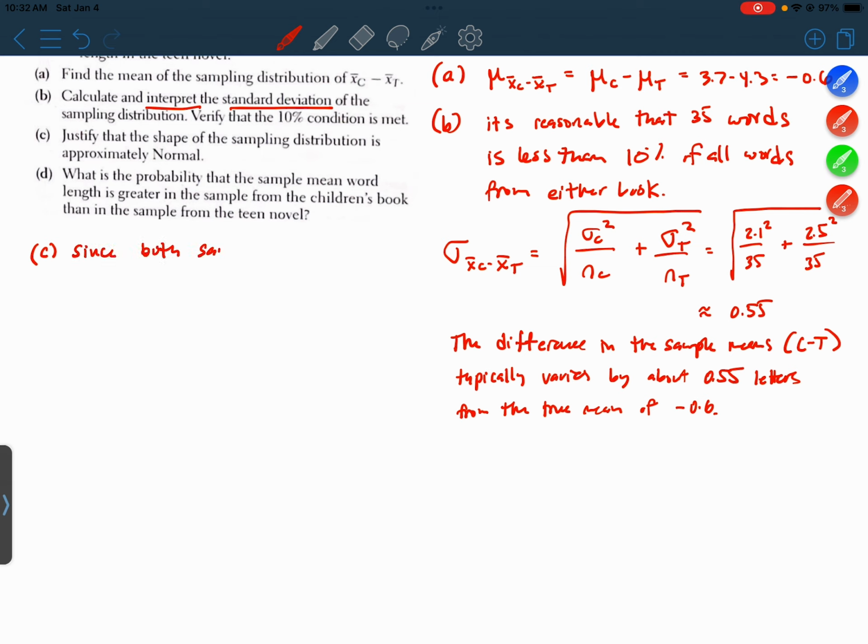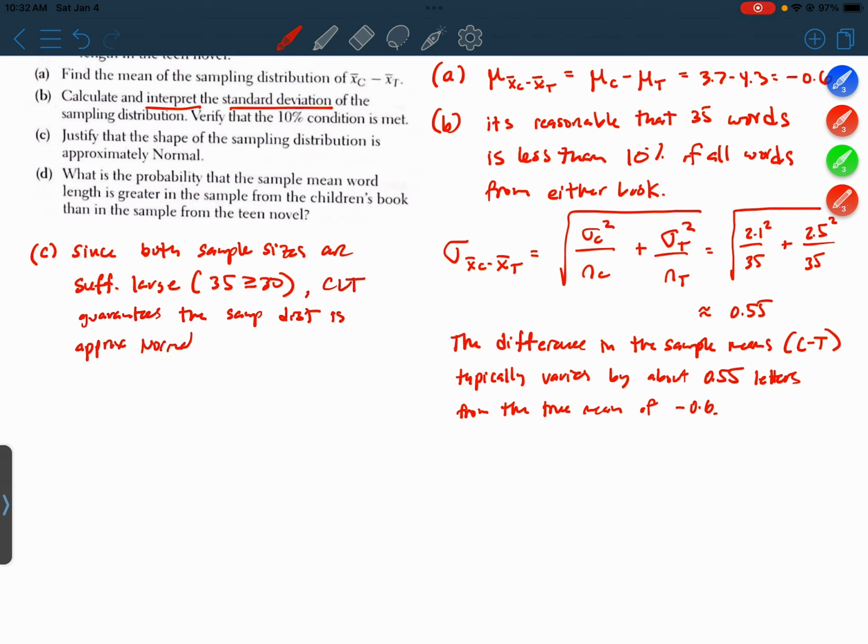Since both sample sizes are sufficiently large, 35 is greater than or equal to 30, the central limit theorem guarantees the sampling distribution is approximately normal.